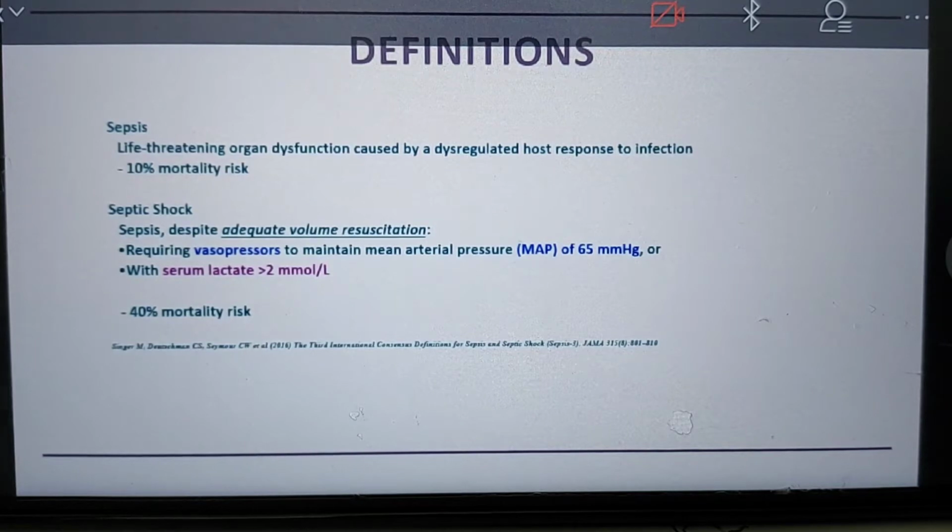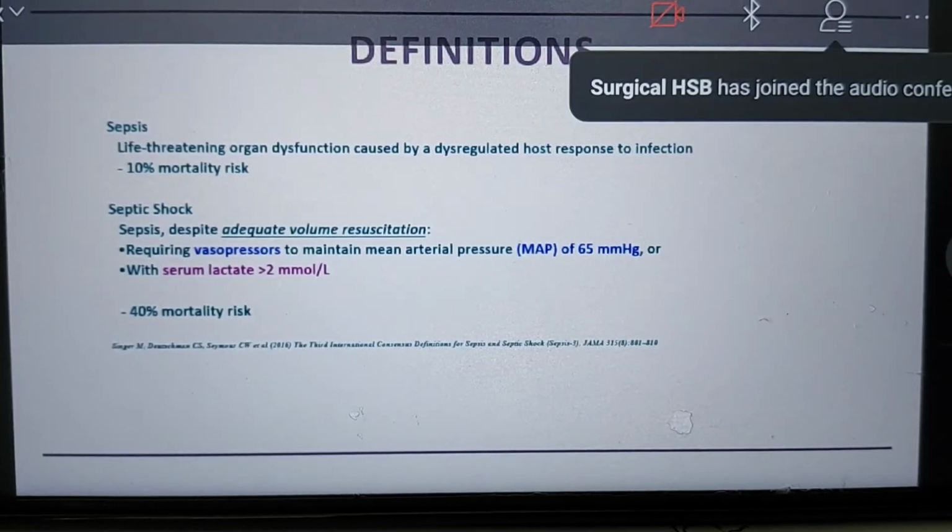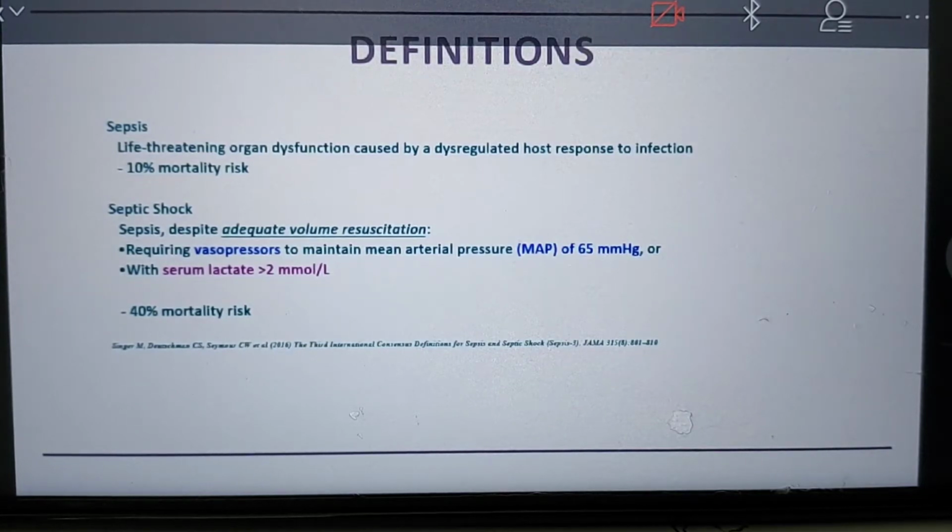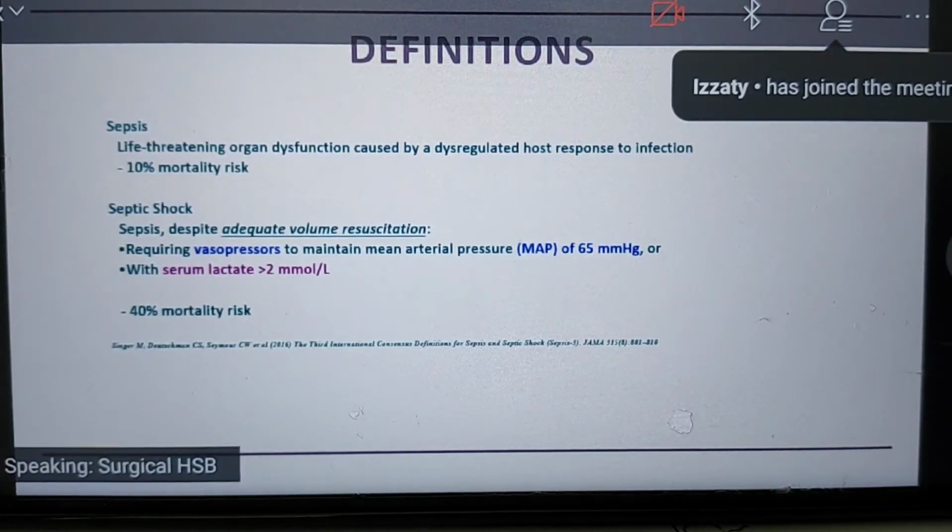So, the next definition is septic shock. Septic shock is when the patient having sepsis, despite adequate volume resuscitation, still needs vasopressor to maintain the mean arterial pressure 65 or more, or the measured serum lactate is more than 2.